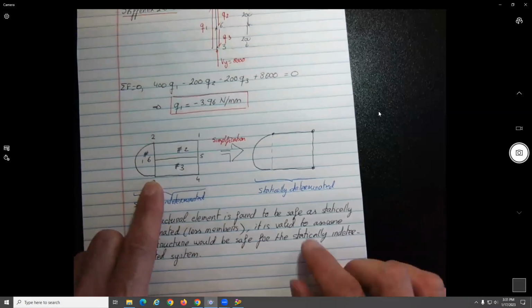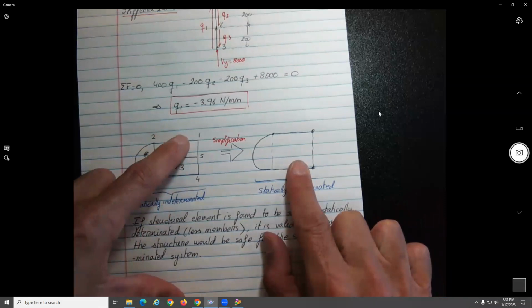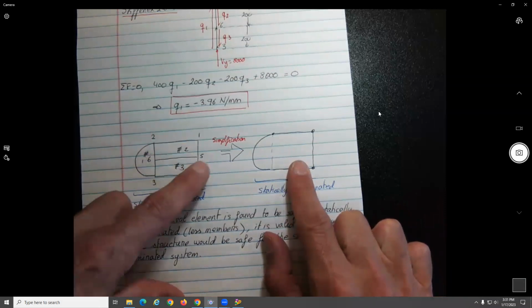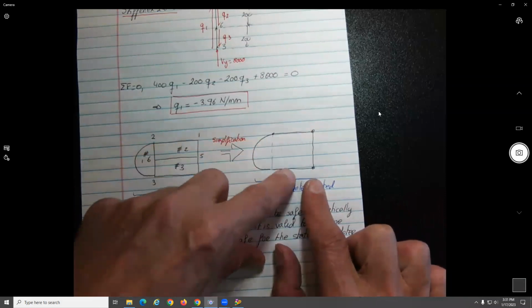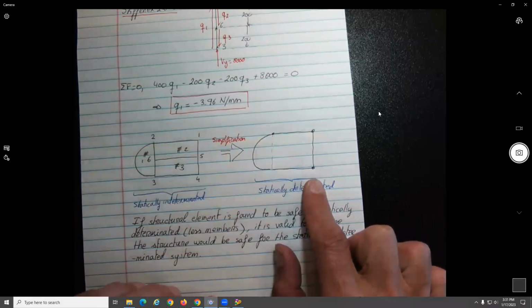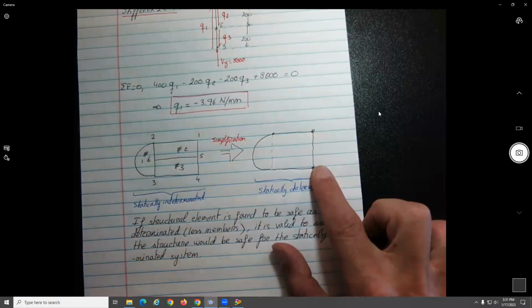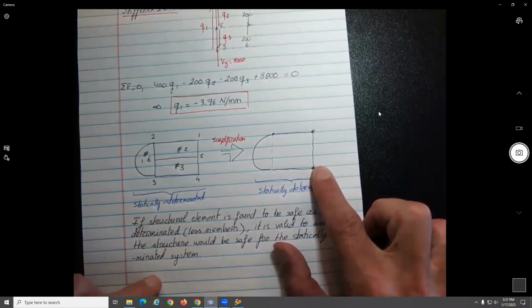In this case, how many members do you have? 1, 2, 3, 4, 5, 6. You have 6 members. In this one, how many do you have? 1, 2, and 3. So yes, this one can be safe, but maybe you are paying a weight penalty. Let's say you do your initial design with this, and your employer is happy with the weight. Why would you do this statically indeterminate?